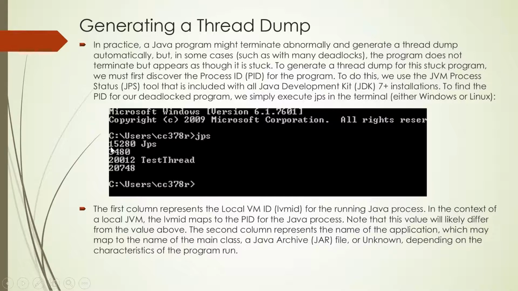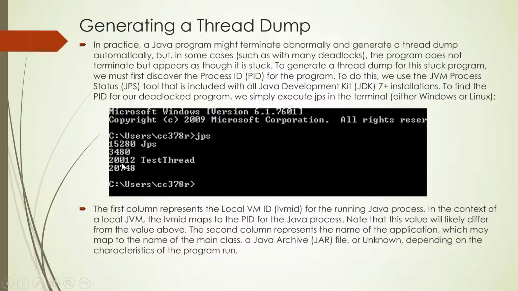The first is 15280, which is the JPS itself. Then 3480, which has nothing over there. The first thing is your VM ID, or process ID, or JVM ID, whichever JVM you're running. That is the Java process you are looking for.